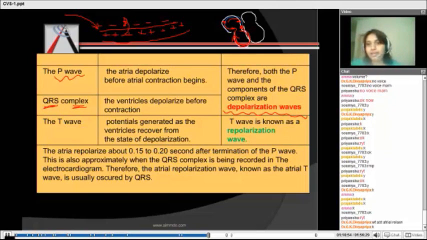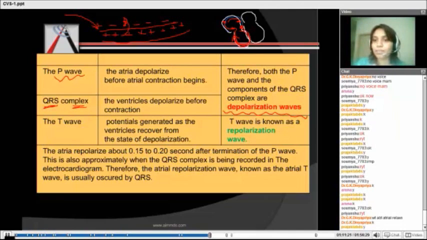Now, I know you would have read the slide, and the immediate question is what happens to the atrial relaxation? Atria contract, next the ventricle contracts. I was talking about depolarization. Any tissue that gets depolarized has to come back to its original polarized state, be it the atrial tissue or the ventricular tissue. So once the atria depolarize, they have to repolarize.